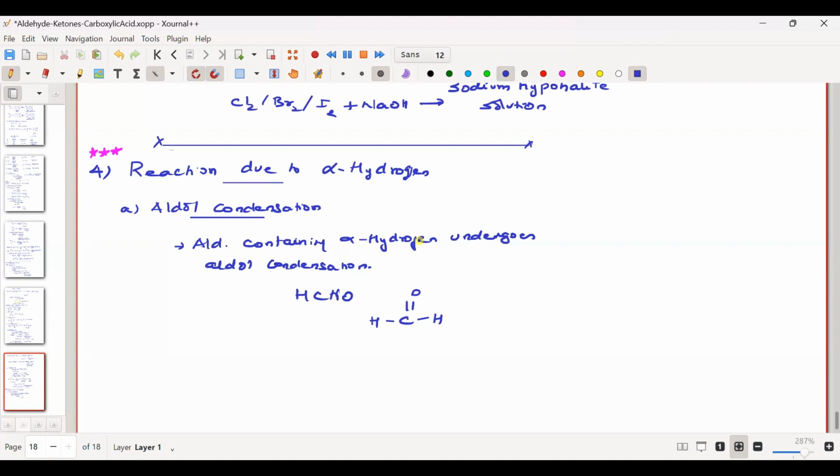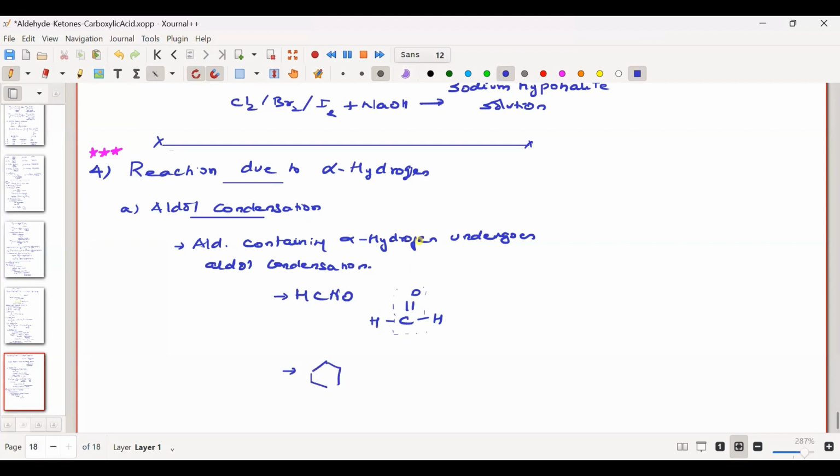Alpha carbon is the carbon attached to the functional group, and alpha hydrogen is the hydrogen attached to that alpha carbon. If there is no alpha carbon, how can there be alpha hydrogen? Okay. This is not an alpha carbon. This is your functional group; the carbonyl group is your functional group. So there is no alpha carbon. No alpha carbon, no alpha hydrogen. So HCHO will not undergo aldol condensation.